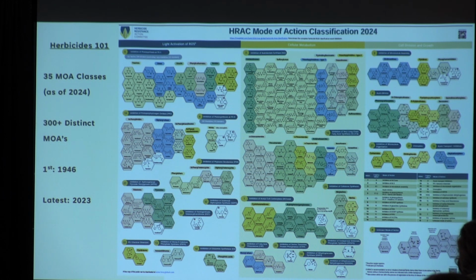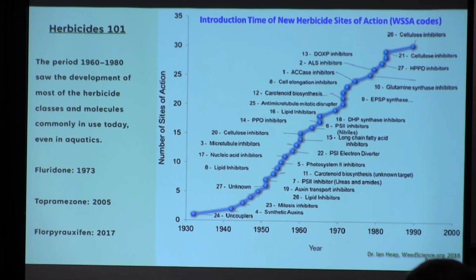Today, we have 35 different classes. We're going to talk about each and every single one of them. I'm kidding. The first one on here, 1946, remember that was 2,4-D, right? The latest one, 2013, I think actually slightly older than that, but we'll talk about that in a sec.